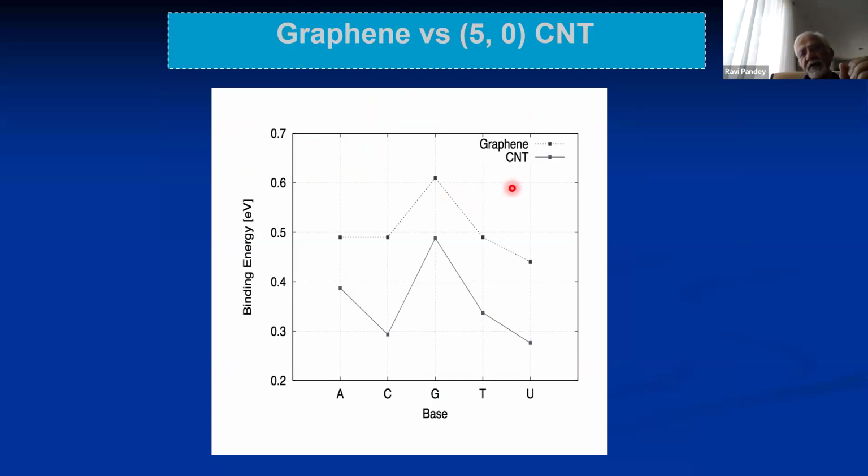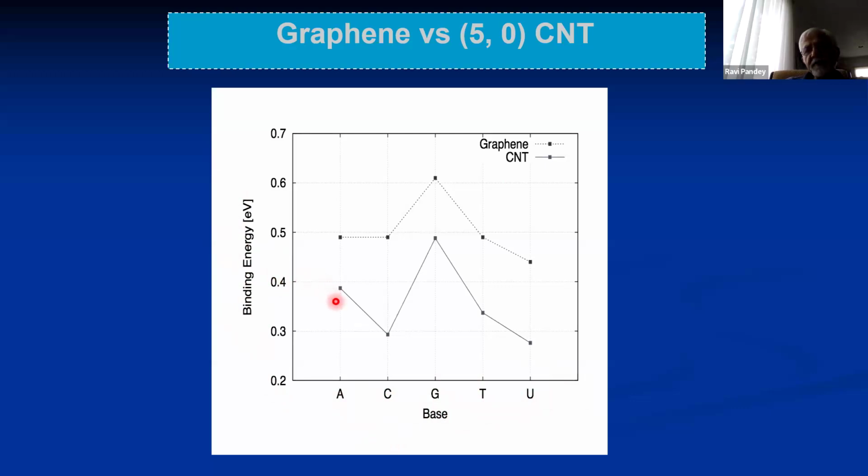What we started with is the approximation: we have a small diameter, and we have a very large diameter graphene. And the hypothesis was this is going to give us the two ends of the binding energy. And you can see it follows a pattern which is similar to each other. We have the bases adenine, cytosine, guanine, thymine, and uracil. We picked up uracil, being an RNA compound, and this is the strength of the energy.